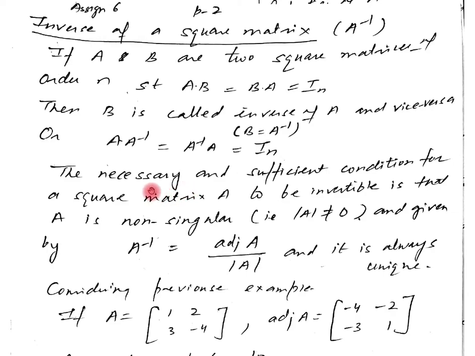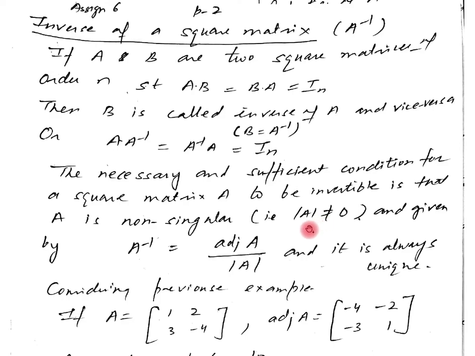Now the necessary and sufficient condition for a square matrix to be invertible is that A should be non-singular. It means the determinant of A is not equal to 0. Or we can say the inverse of a matrix only exists when the determinant of A is not equal to 0. Only then will the inverse exist.